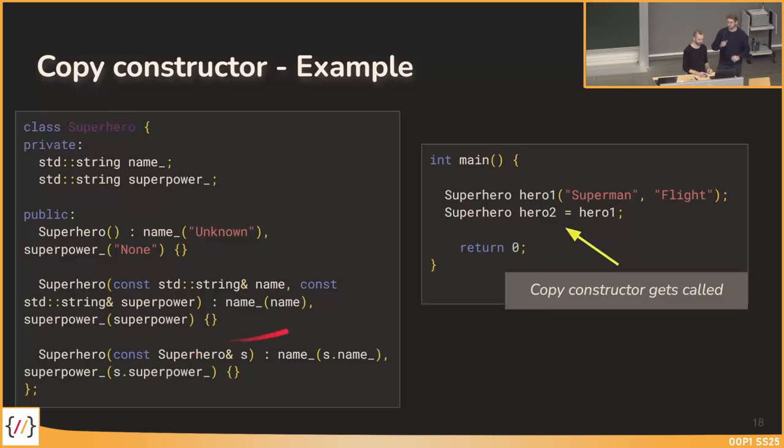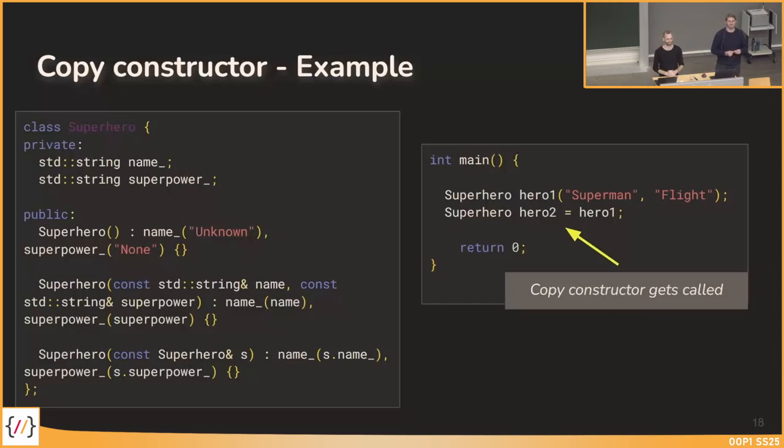So this name is the name of my hero2. This s.name is the name of my hero1, and I copy the name of hero1 into the name of hero2, and the superpower of hero1 into the superpower of hero2, using the initialization list. Does this answer your question?